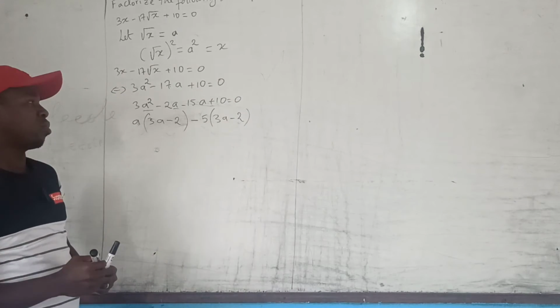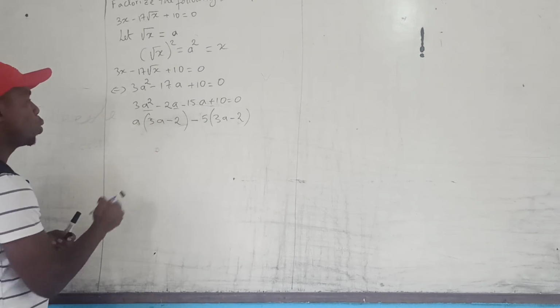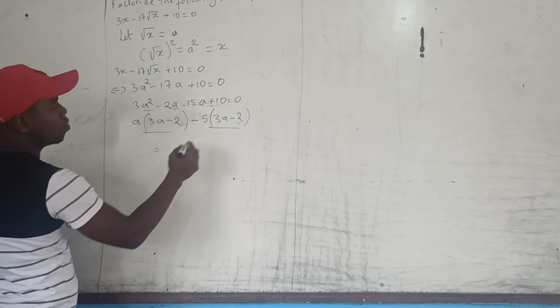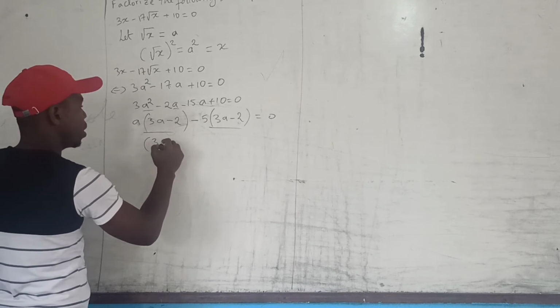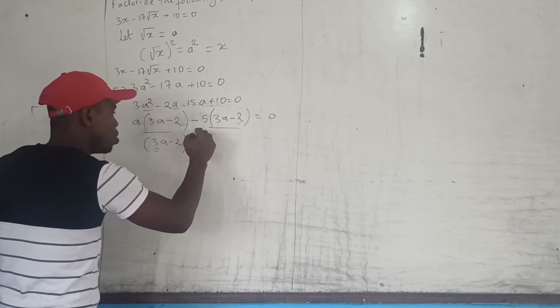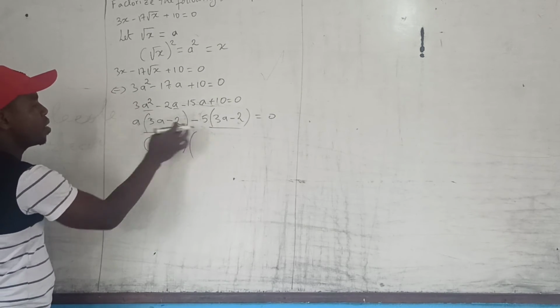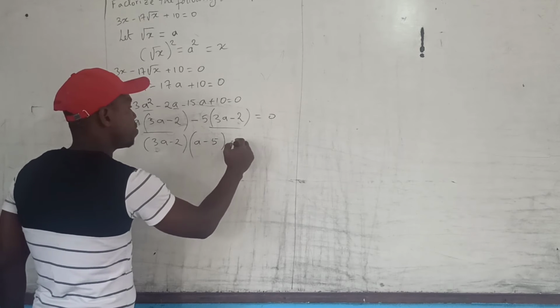So when you have common factors now, you will now move to factorize them now. You will choose one of the two. Choose one. All must be equal to 0. Choose one, it will be 3a minus 2. Now open the second bracket. The remaining numbers we are having here are a minus 5 equal to 0.